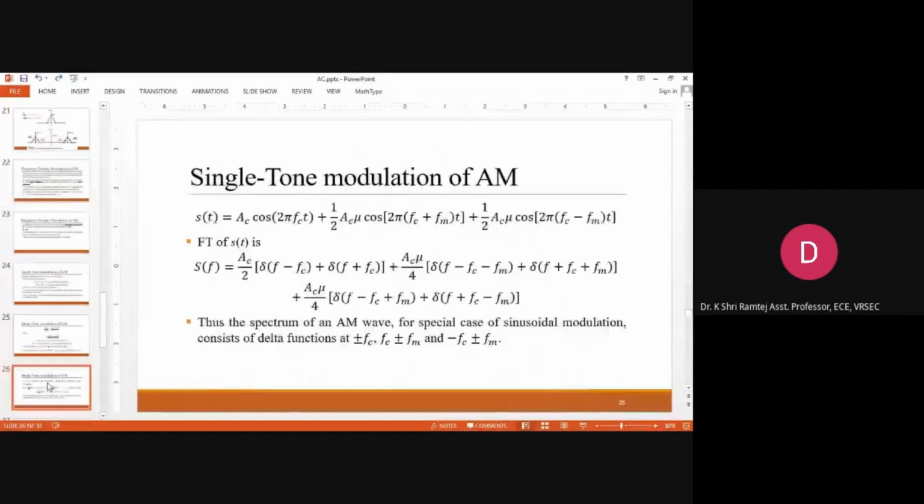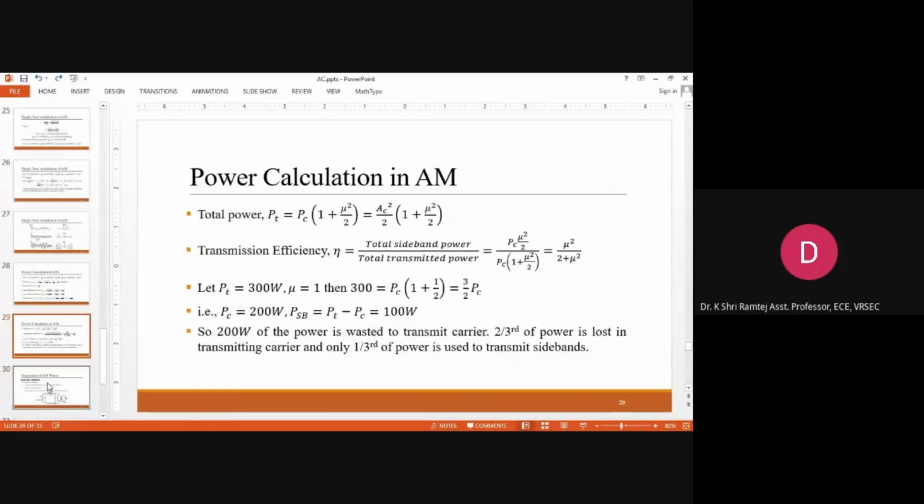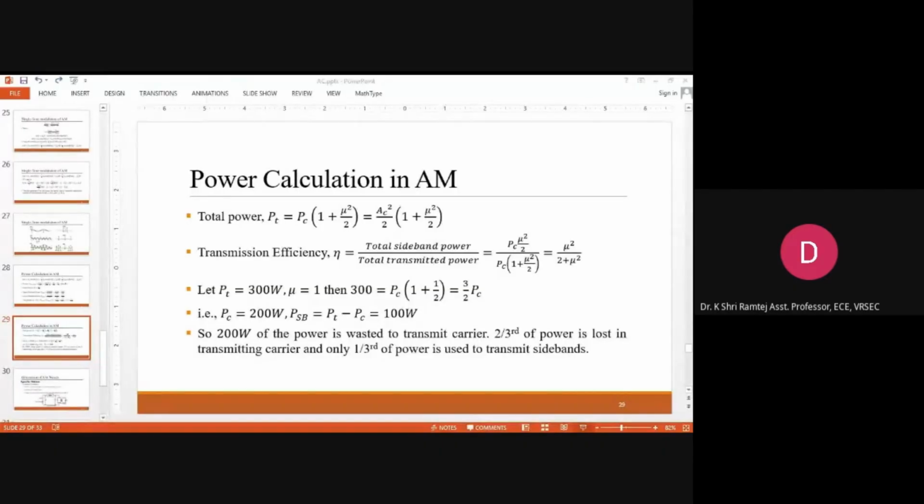The carrier is only used to carry the message signal over longer distances, but the actual message is only present in the sidebands. So out of the total transmitted power, 200 watts is consumed by the carrier, and only 100 watts is used for transmitting the message signal. So 200 watts of power is wasted to transmit the carrier. That is, 2/3 of the power is lost in transmitting the carrier, and only 1/3 of the power is used to transmit the sidebands. This is one of the disadvantages of standard AM modulation.